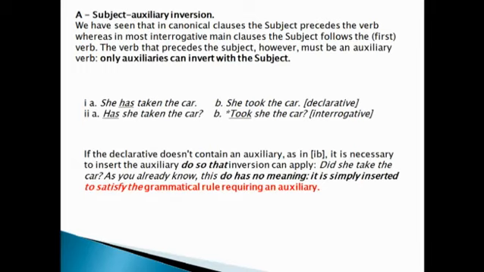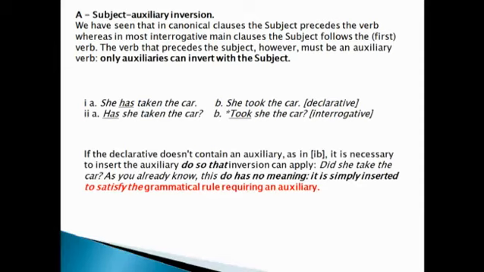If the declarative does not contain an auxiliary, as in 1b, she took the car, it is necessary to insert the auxiliary do so that inversion can apply. In fact, it's not that do is not there in the sentence, because when I emphasize the fact that she took the car, I can say she did take the car. Yeah, she really took the car, or she did take the car.